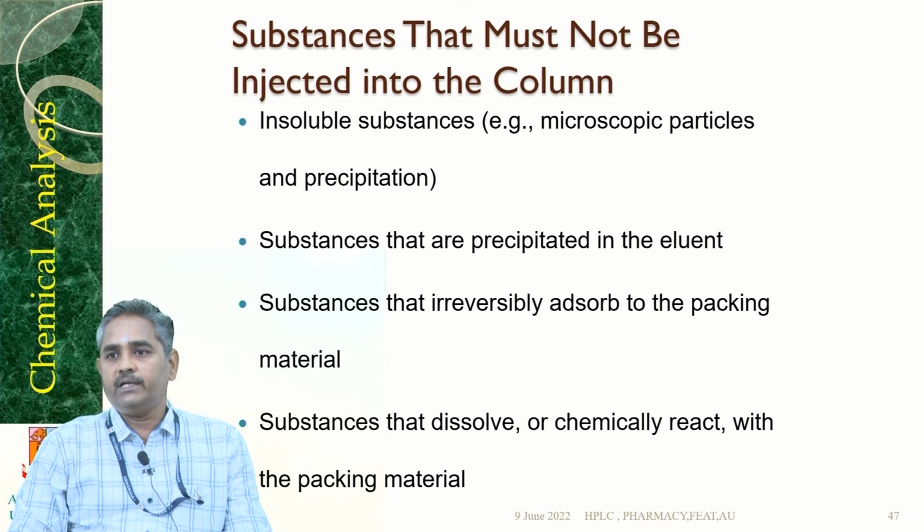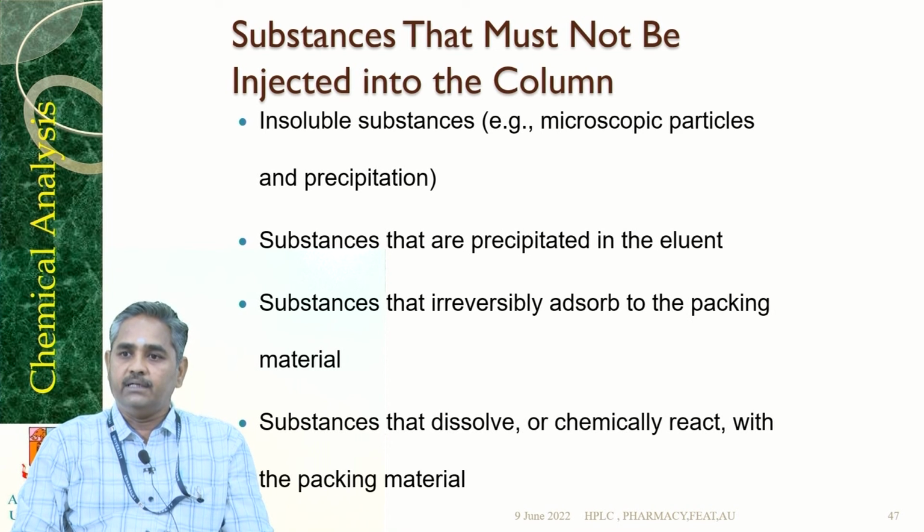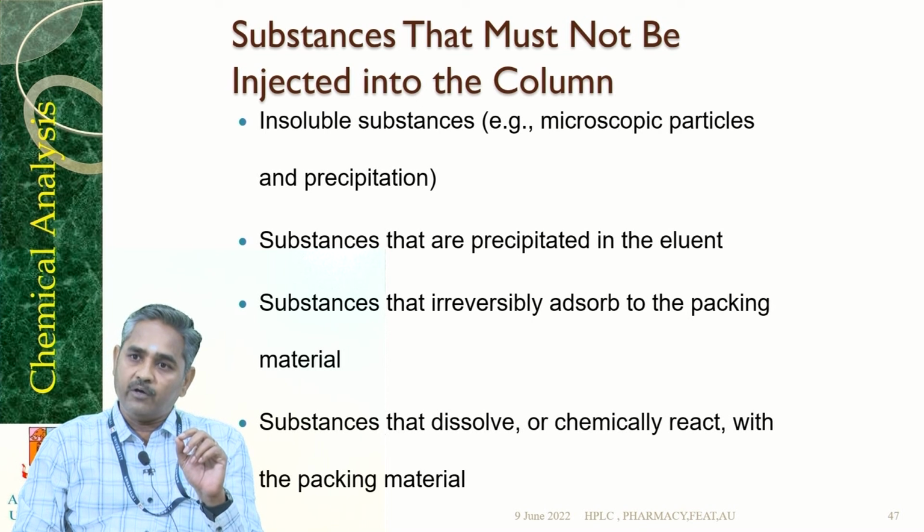Substances that should not be injected into the column. Insoluble substances, like microscopic particles and precipitates, should not be injected. The sample should be completely dissolved in the solvent or the mobile phase, and only then should you inject it into the HPLC system. If the sample is not completely soluble or it gets precipitated in the methanol or water, you should not inject it into the column, and you should avoid using HPLC.